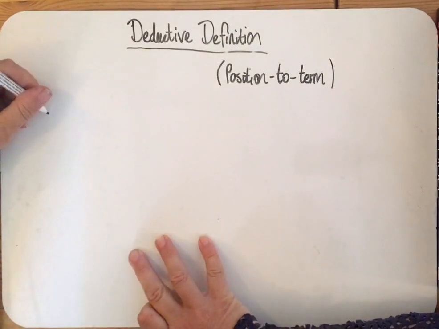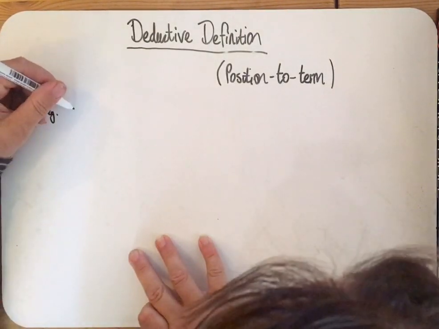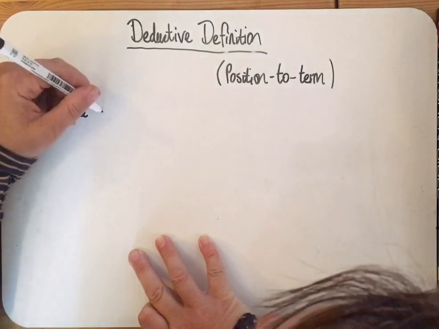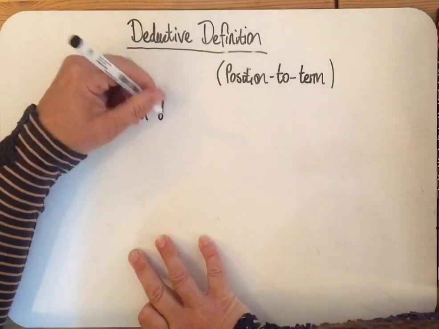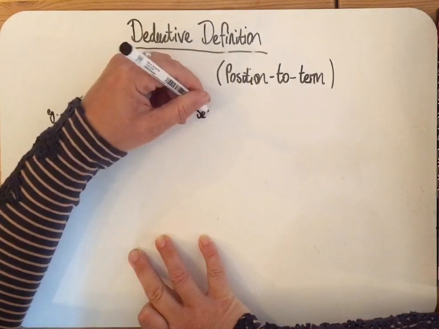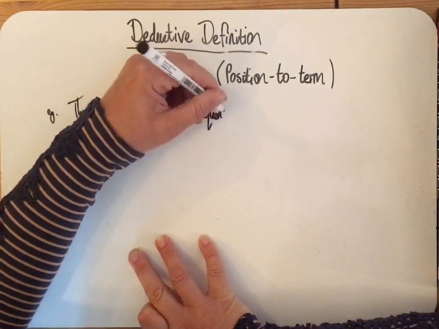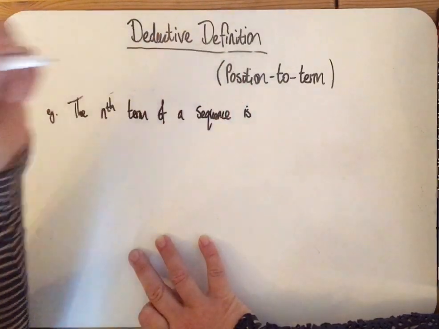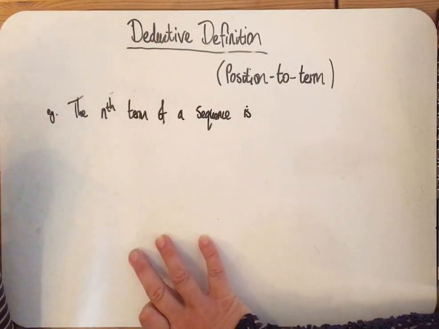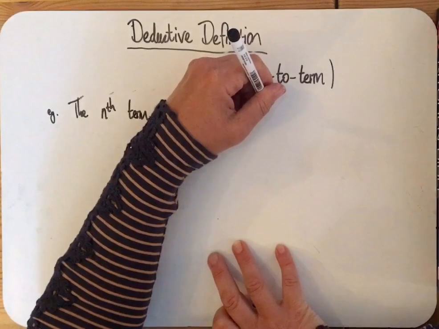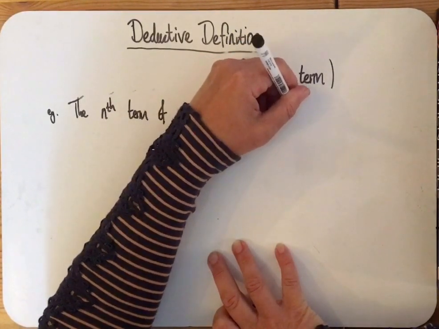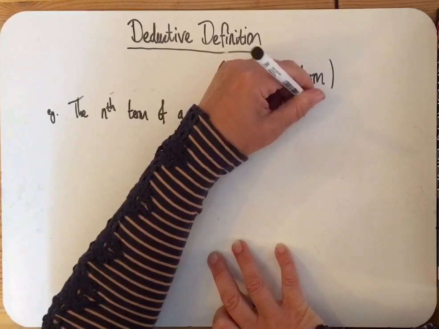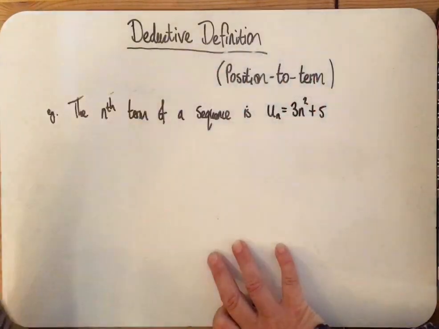So, e.g., the nth term of a sequence is, so the notation might be slightly different, un equals 3n squared plus 5.